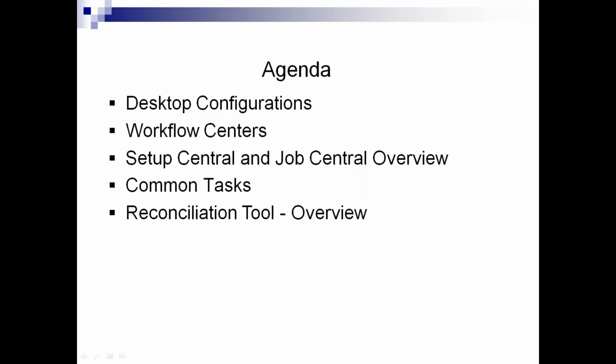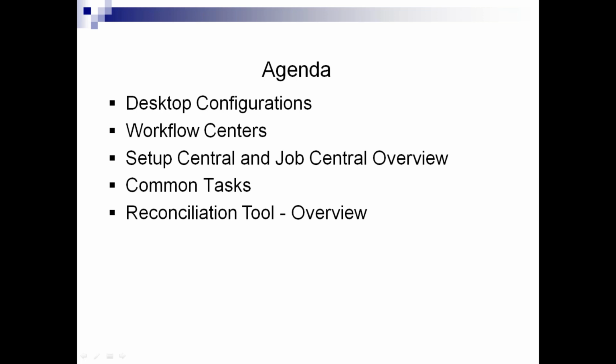All right, so what we're going to be talking about today, just a little overview here of our agenda. We're going to be looking at the Sage Desktop and how to make changes to the configuration. The Sage Desktop is new. It has a new version starting with 16.1 and going forward.